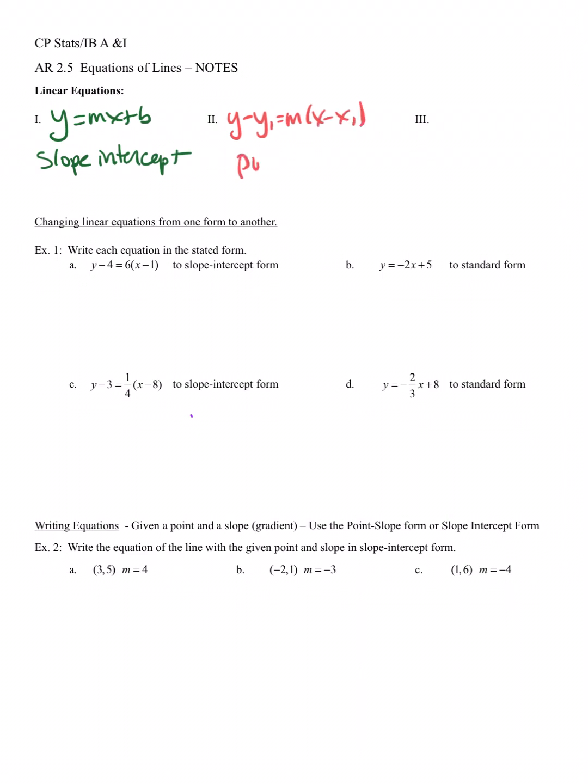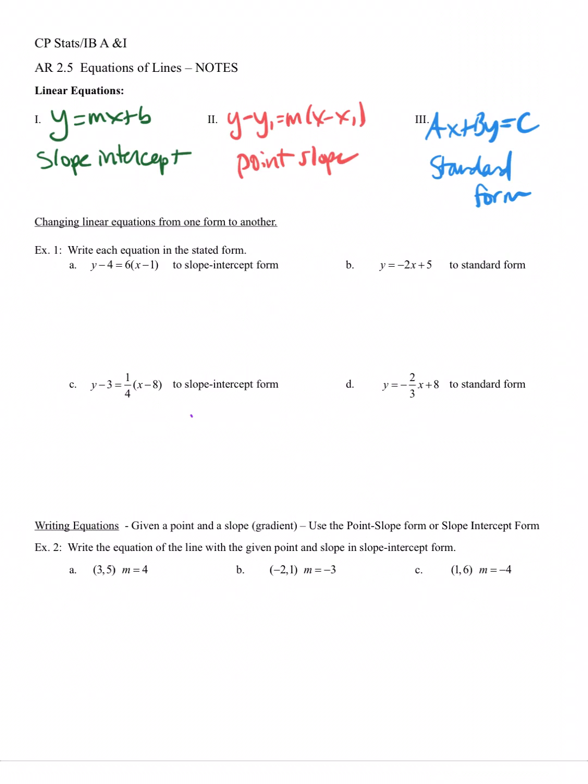This is point slope form. And the last one is ax plus by equals c, and this is called standard form. The whole goal today is for us to be able to switch from one form to another.